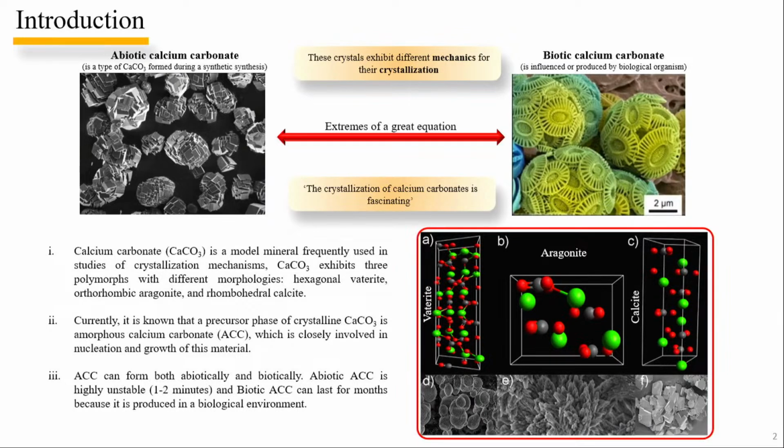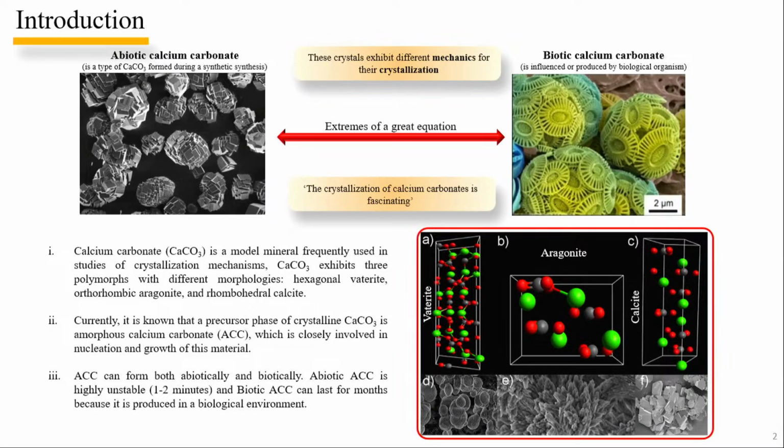Calcium carbonate exhibits three polymorphs with different morphologies: hexagonal vaterite, orthorhombic aragonite, and rhombohedral calcite. Currently, it is known that a precursor phase of crystalline calcium carbonate is amorphous calcium carbonate, which is closely involved in the nucleation and growth of this material.